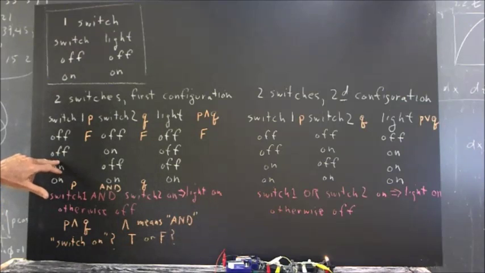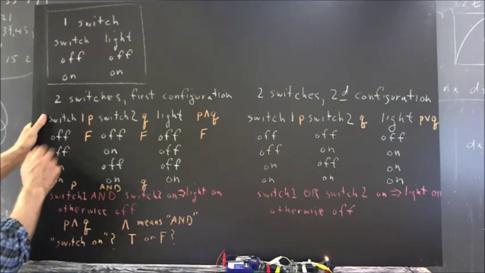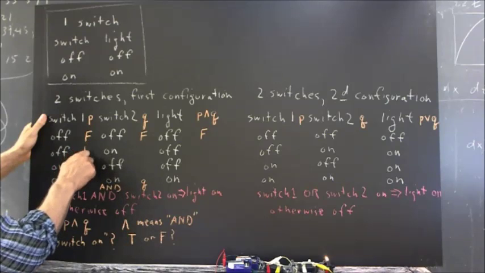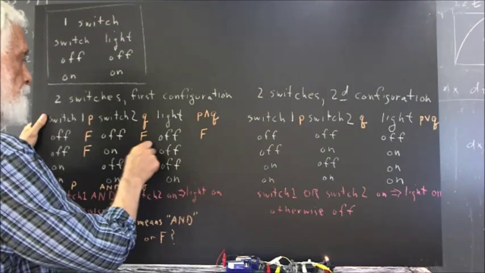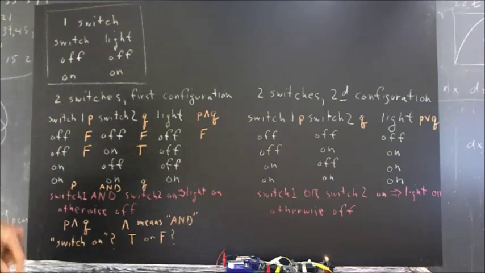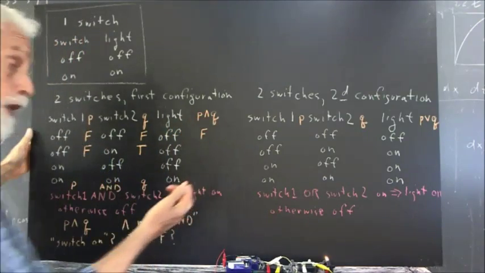Okay? Here, first switch is off, so the answer to the question, is the switch on, is no, or the assertion that the switch is on is false. The second switch, the Q switch, is on, so that's true. So the combination, is it on or off?